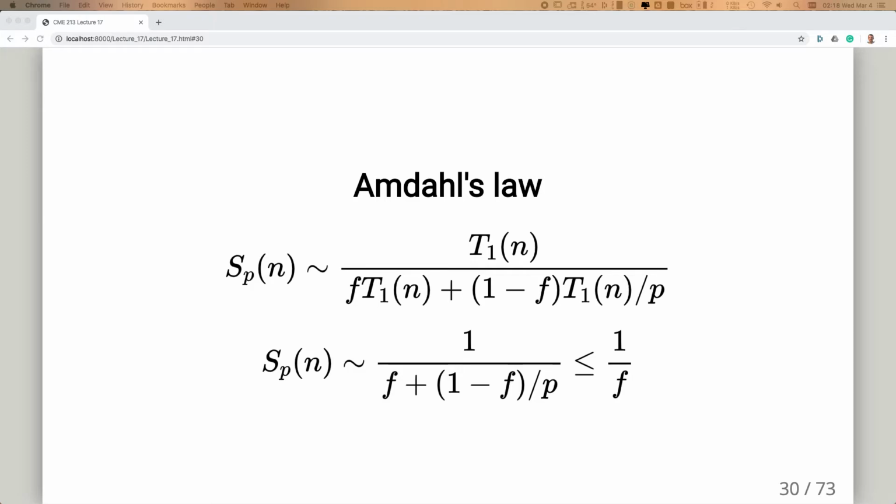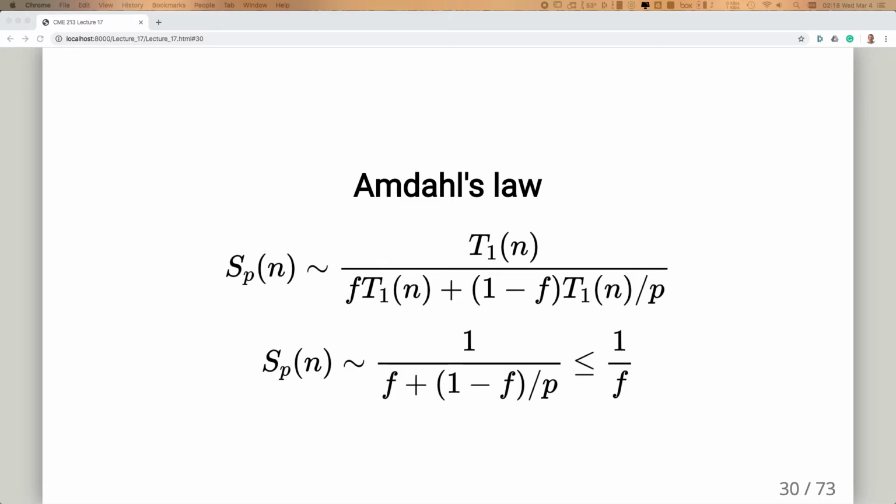So here you can do a simple check. Basically, this being a positive quantity, there's an upper bound 1 over f. So this is saying that the speed up, as you increase p, first is going to go up like p linearly, but then it's going to plateau at this constant.